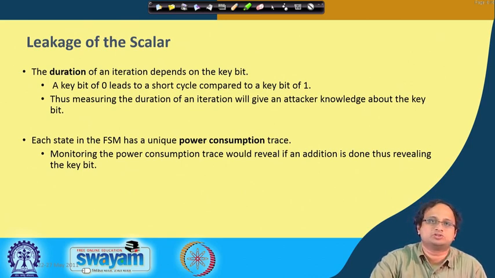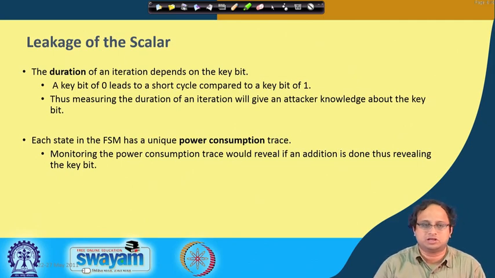When the key bit is 0, you are only doing a doubling operation, where you are spending 4 clock cycles. Whereas if you are doing addition, that means if the key bit is 1, you have 4 plus 8, that means 12 clock cycles in this particular operation. So measuring the duration of an iteration will give an attacker knowledge about the key bit. If the attacker is able to understand this duration, then it gives an easy way of getting the key, because there is a clear dependence, there is a clear leakage.